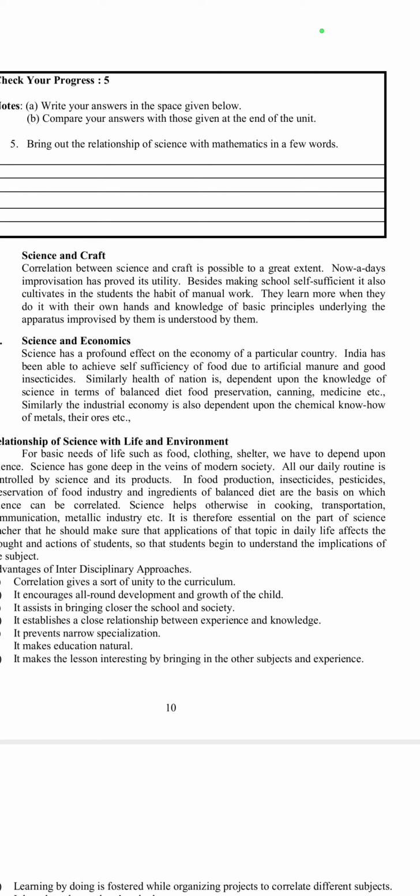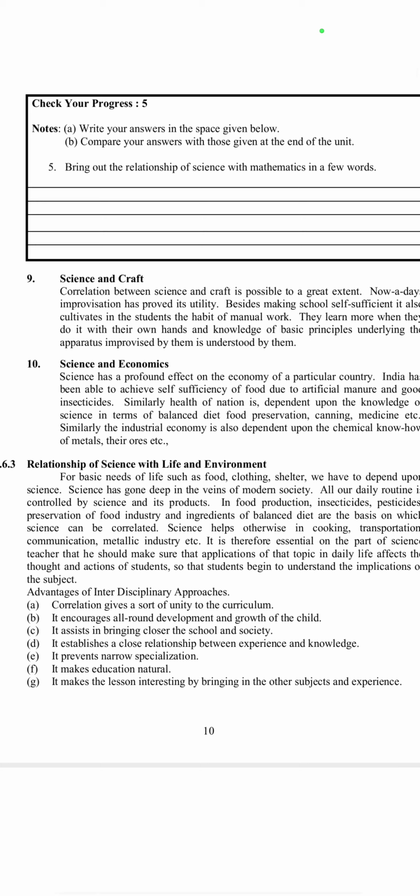So how the economics of a certain country has been developed actually has an involvement with the field of science. Okay, so that was the 10 school subjects that actually have a correlation or are related to science.